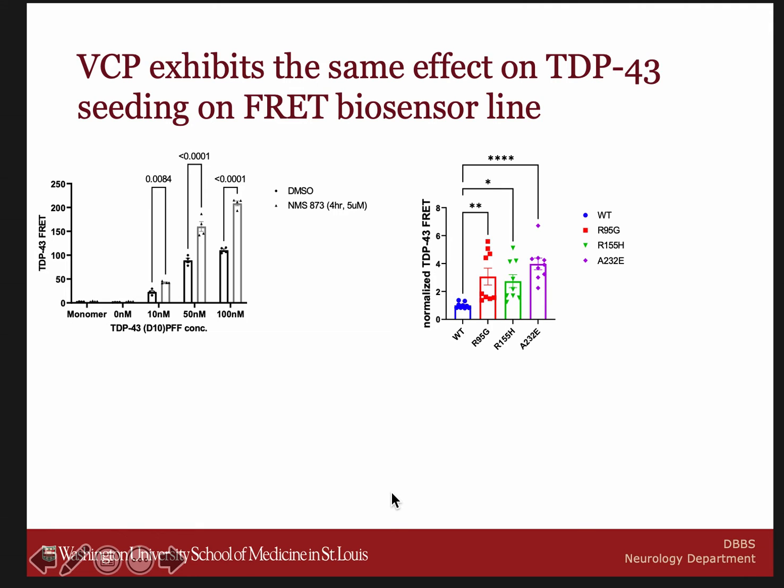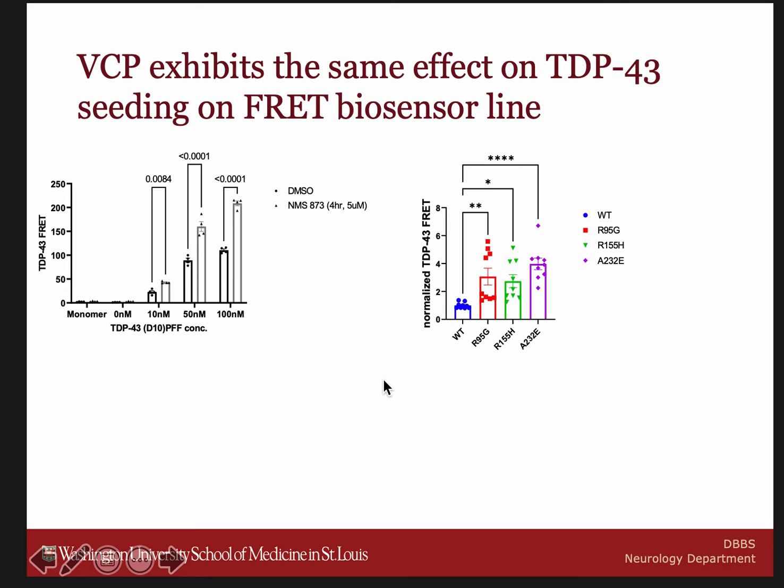Then we asked if the effect of VCP on proteopathic seeding is alpha-synuclein specific, or if it happens in proteopathic seeding in general. So we used another proteopathic protein called TDP43, which is commonly found in VCP patients, and we found that both VCP inhibition and VCP disease mutant overexpression can increase TDP43 seeding, similar to alpha-synuclein seeding.